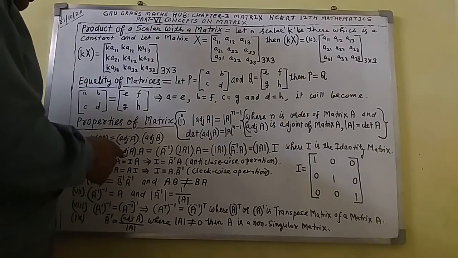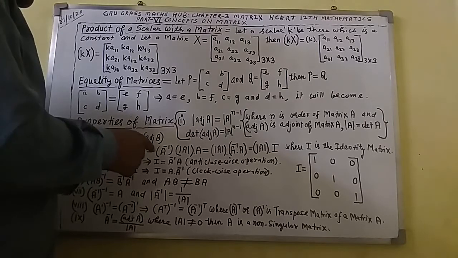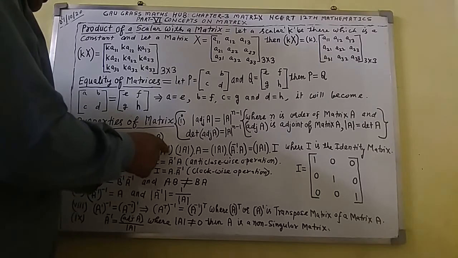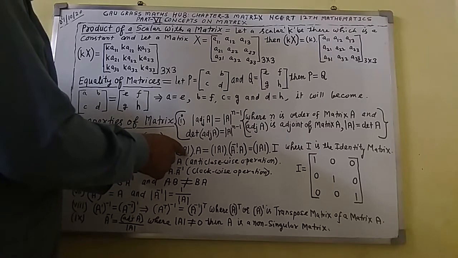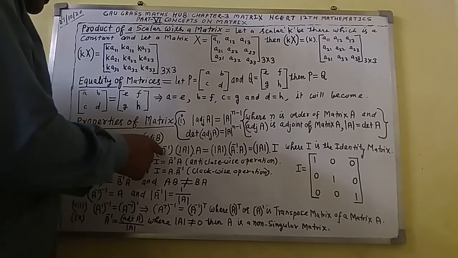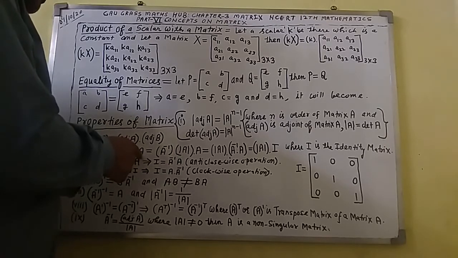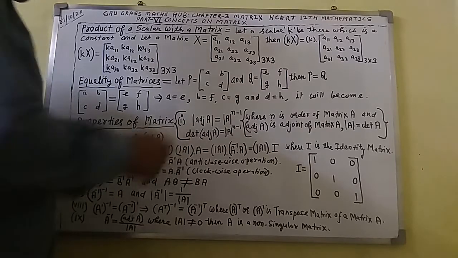Now you know adjoint of matrix A equal to A inverse dot det A. So in place of adjoint A, I have written A inverse dot det A, and here A is there, I have written here A.